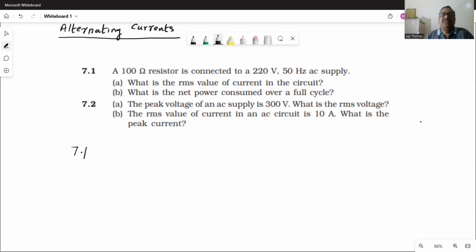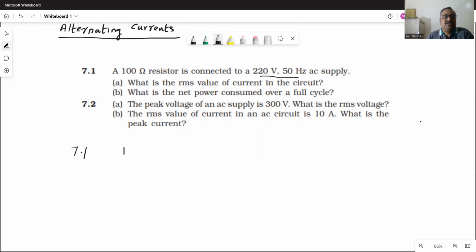That means 220 volt and 50 hertz AC supply. So the given value represents RMS voltage. When voltage and frequency are given together, you should understand that it is the RMS voltage given.